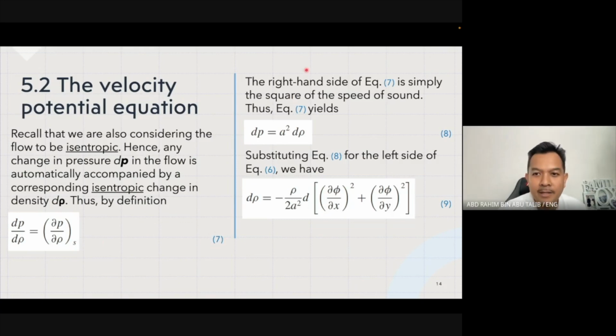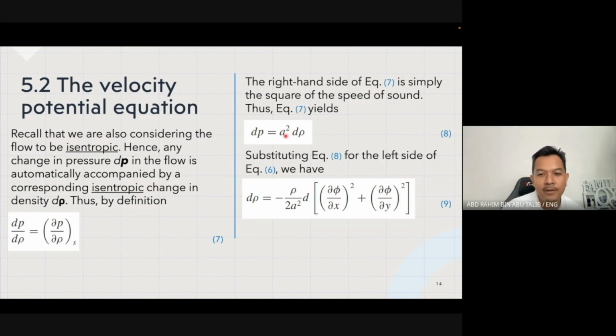So the right hand side of equation 7 is actually simply the square of the speed of sound, right? So we know that A is the speed of sound, and this component from equation 7 is actually A squared, speed of sound squared.